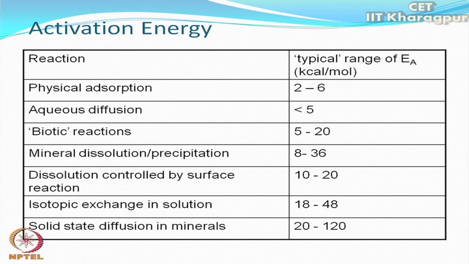Then dissolution controlled by surface reaction. The reactions we generally do are typical bulk reactions. Surface reactions are those like zero order reactions, like dissociation of ammonia on a gold surface.